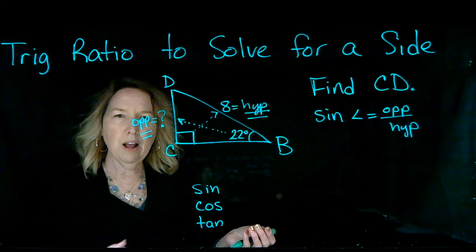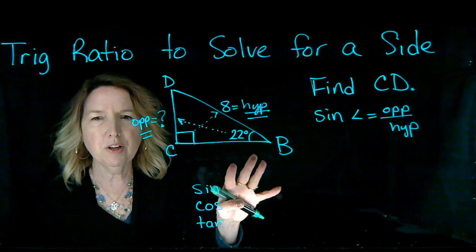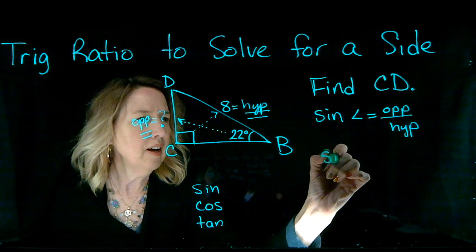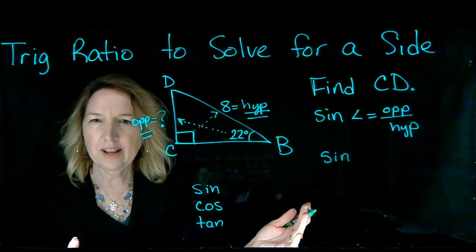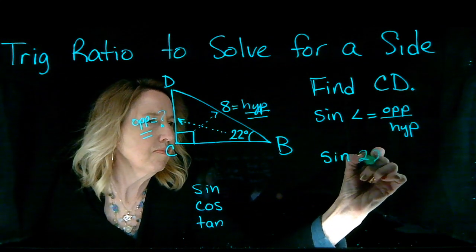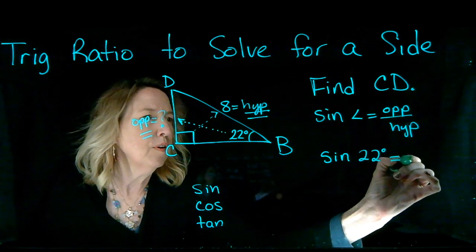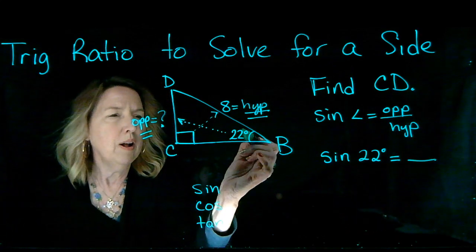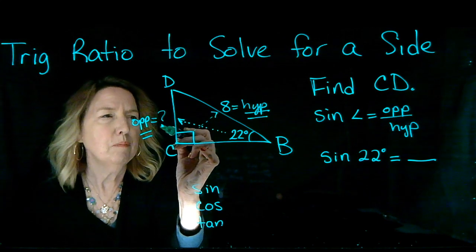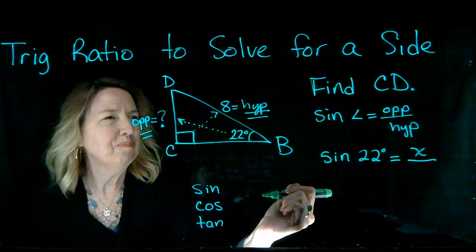So now that you know this is the one you're going to use, you're simply going to plug in all the information from the problem into that ratio. So here's what it looks like. The sine of the angle, what angle? The angle of reference, the 22-degree angle, is equal to the opposite side over the hypotenuse. Well, if this is your angle of reference, the opposite is the unknown. So we can put an X there, or a capital CD, since that's what they're asking for.